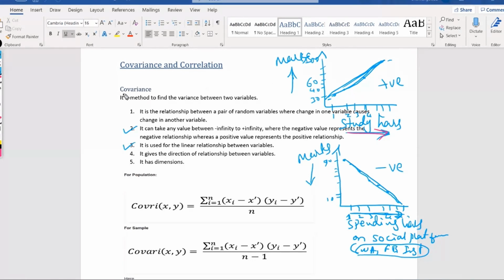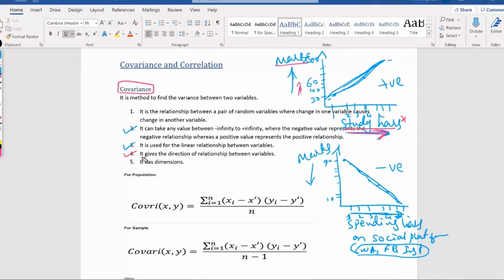In that case, we will use this covariance. How much is going to increase? On this axis, if our data increases on the x-axis, right? So we use this for a linear relationship between variables. Study hours is one of the variables, marks is also one of the variables.